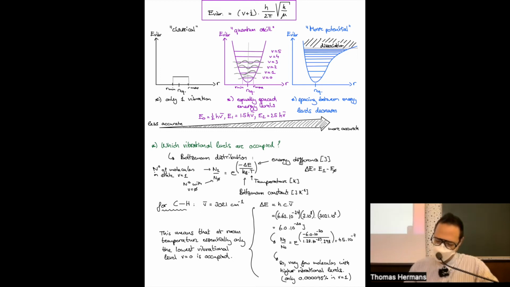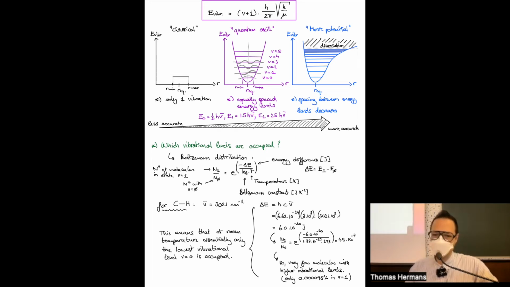We have Planck, 6.63 times 10 to the minus 34, times the speed of light. Sorry to confuse you, this is in SI units, again, units is everything. So we have to convert centimeters to meters, so we multiply by 100. And then we get 6.0 times 10 to the minus 20 joule.